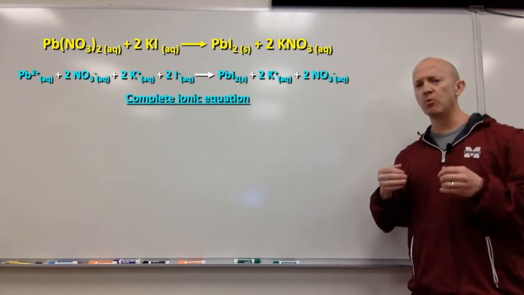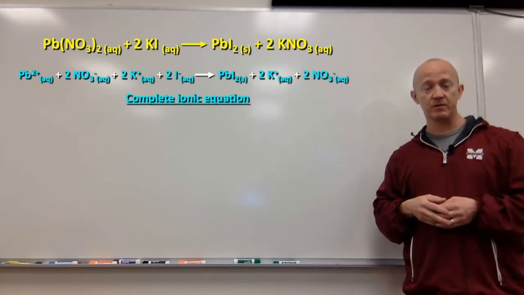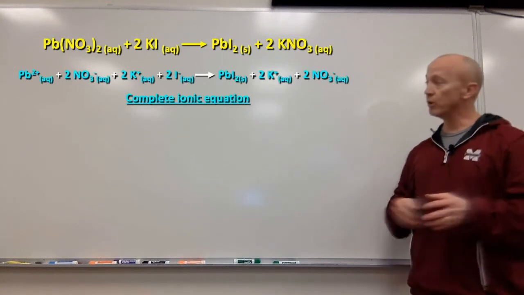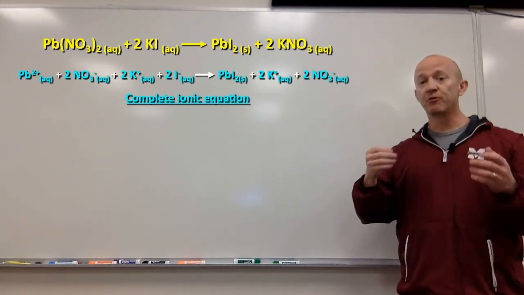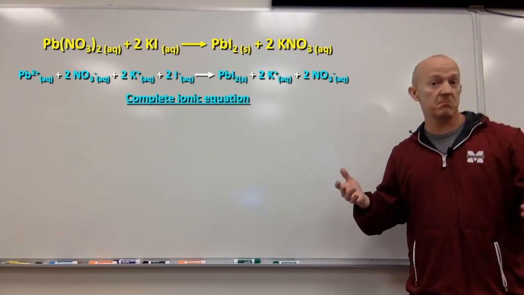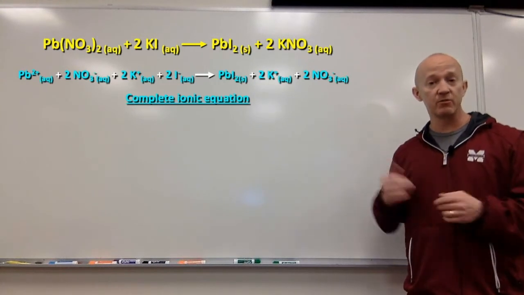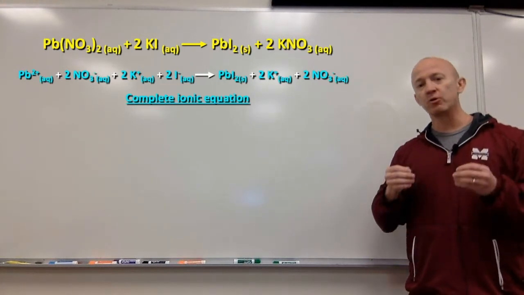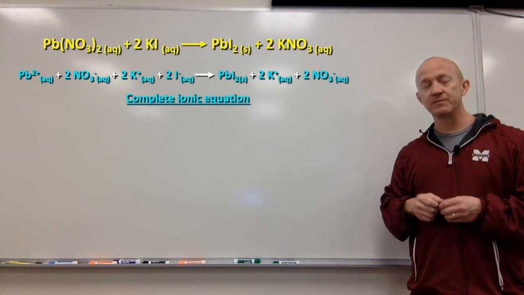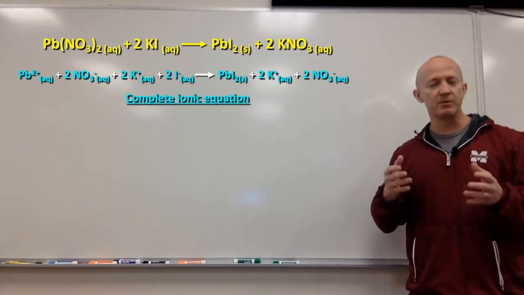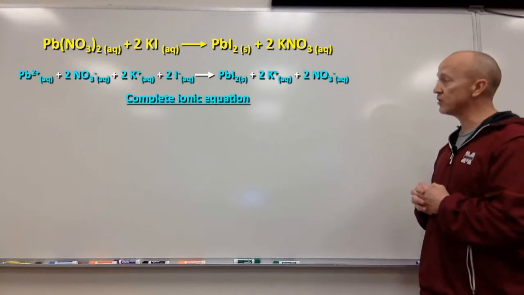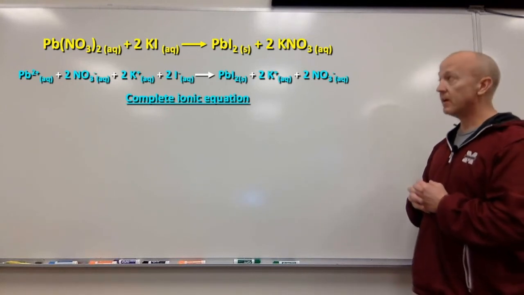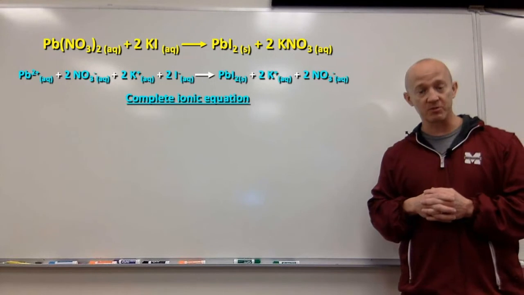So now how do we know what to put in our net ionic equation? It's very simple. We look at the left side of the equation and the right side, and we look for any ions that really haven't changed from the left side to the right side. Those are going to be our spectator ions. Those are the ions that don't really participate in the reaction. When we look on the left side, we see that we have 2 nitrate groups, and on the right side we have 2 nitrate groups as well.